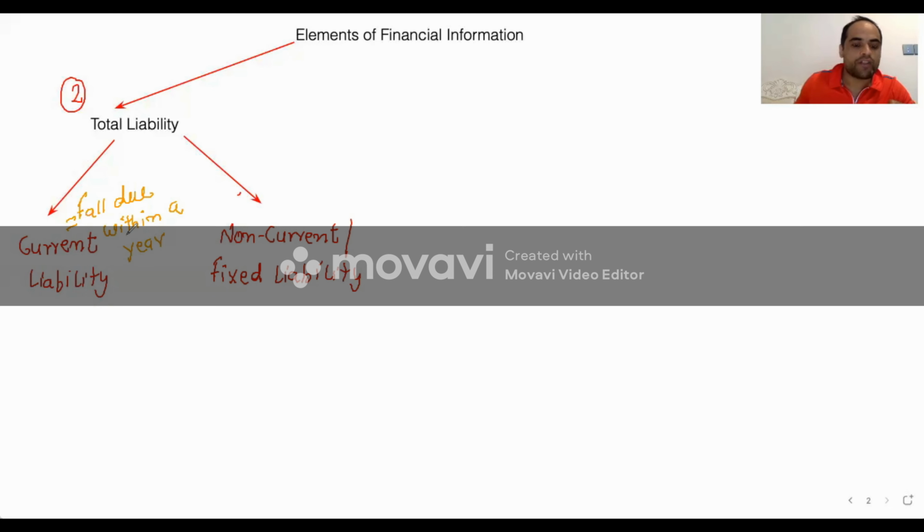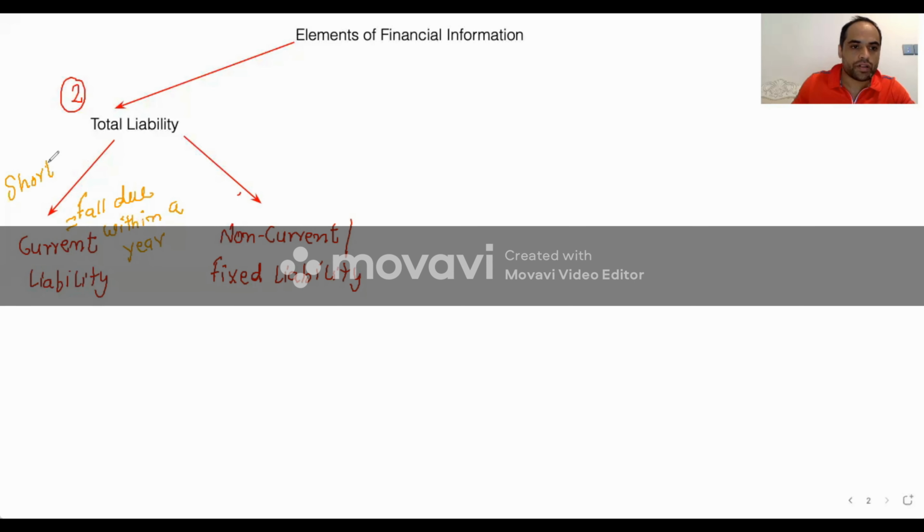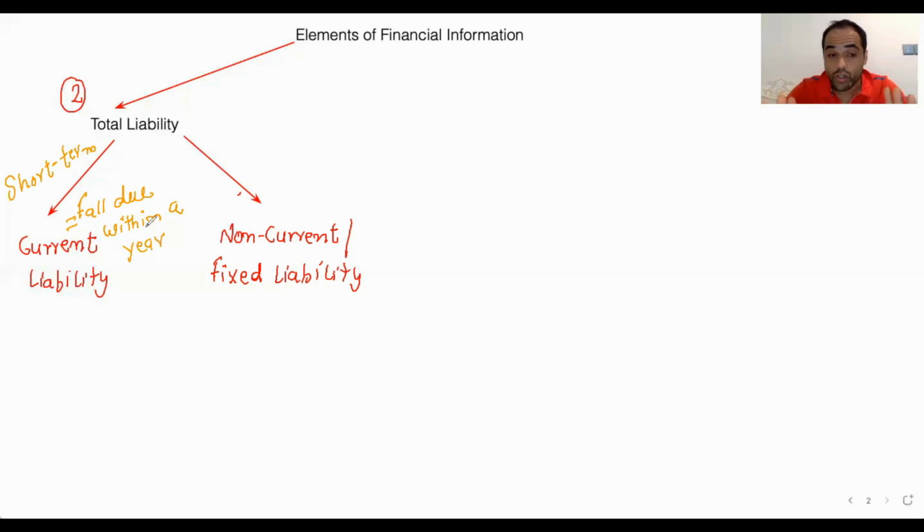Another name for current liability is short-term liability. Any kind of liability within a year. So you have a maximum of 1 year to return that money back. Very simple language. That's called current liability.